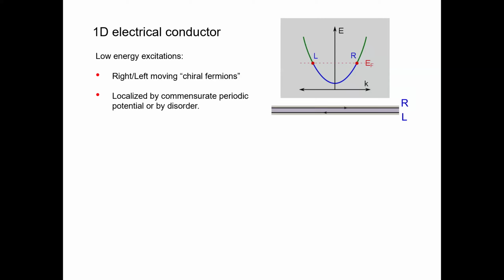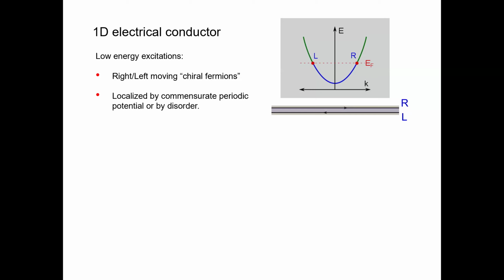But the thing about these electrons in a one-dimensional conductor is that they're very fragile. If there are any impurities around, then an electron propagating along will bounce into the impurity, bounce back, then bounce off another impurity, and bounce back and forth, and it never gets anywhere.